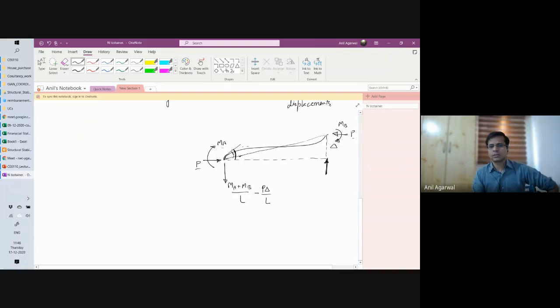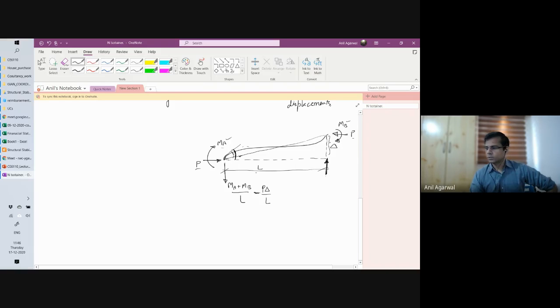So this shear force is MA plus MB by L. That will balance this and this combined. In addition to that, the two P forces are also making the member rotate in the anti-clockwise direction, right? They are creating an imbalance in the anti-clockwise direction. So therefore, a negative sign here. P delta by L. P delta is the moment and divided by L, so that you get a lever arm, the length.